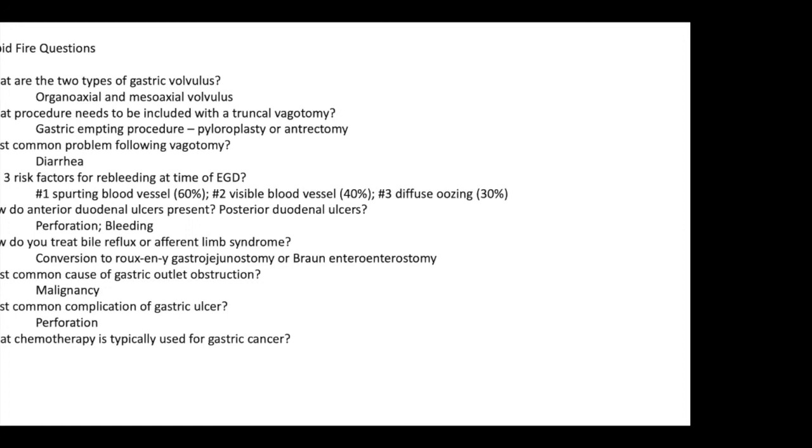Chemotherapy typically for gastric cancer usually includes platinum and 5FU. I don't know who wrote this one, so I would agree with you. But 5FU, epirubicin, and cisplatin are the ECF.